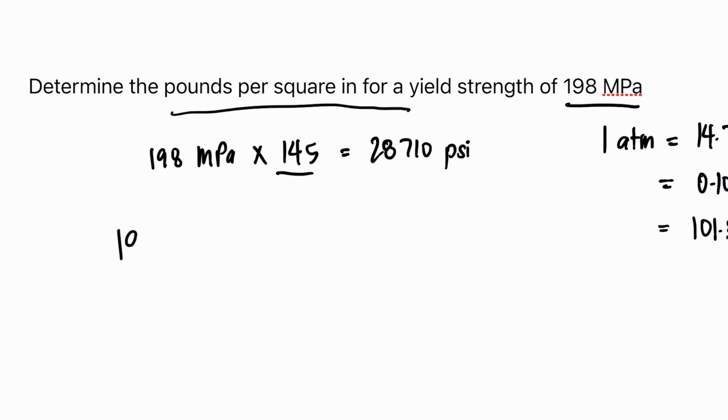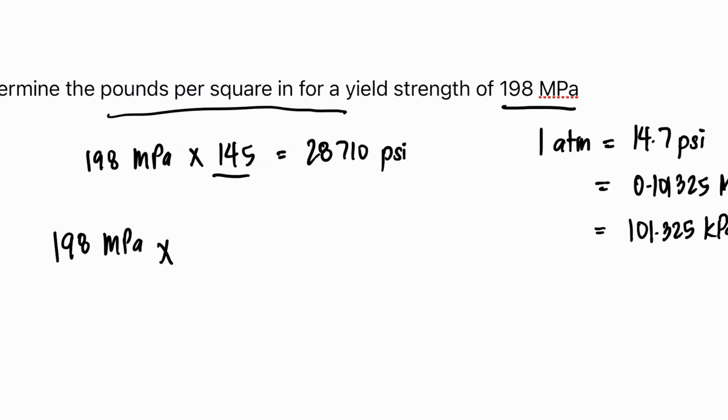So how do you utilize that conversion factor? 198 MPa times, you need to convert this to psi, so you'll need to multiply it by 14.7 psi, but you need to cancel this MPa unit, so you have the conversion of 0.101325 MPa. So you can cancel the megapascal.